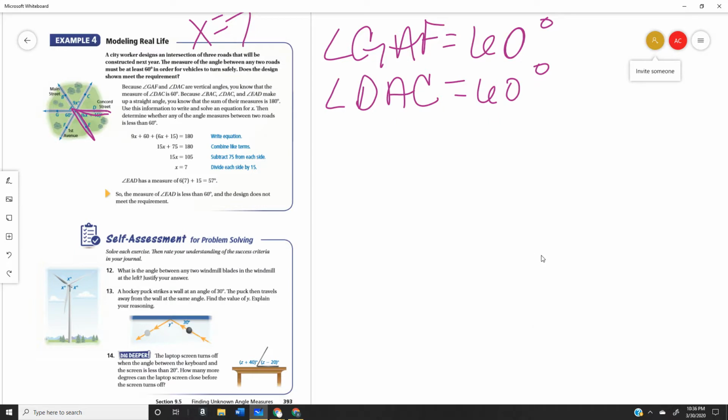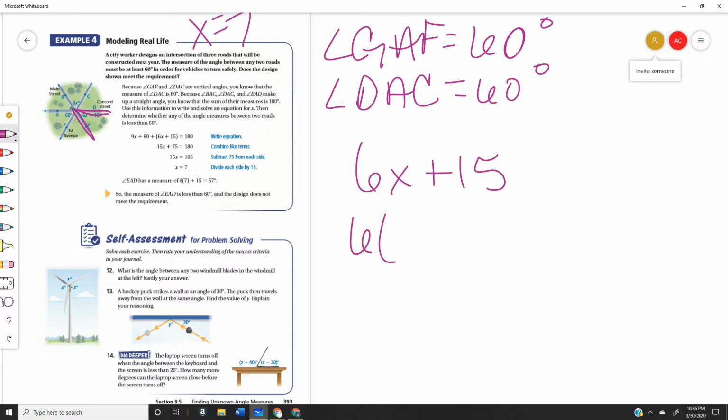Okay, so if x equals 7, then let's figure out what 6x plus 15 is. Okay, so 6 times 7, all I'm doing is substituting. 6 times 7 is 42 plus 15. 42 plus 15 is 57.